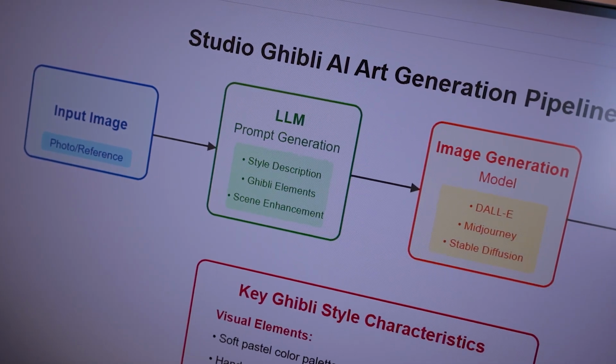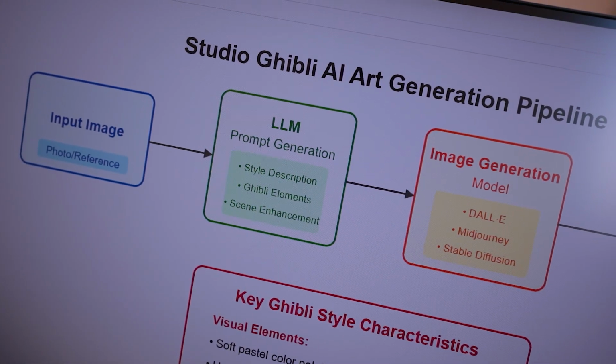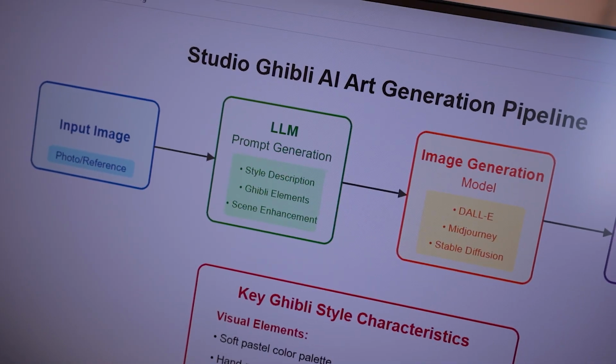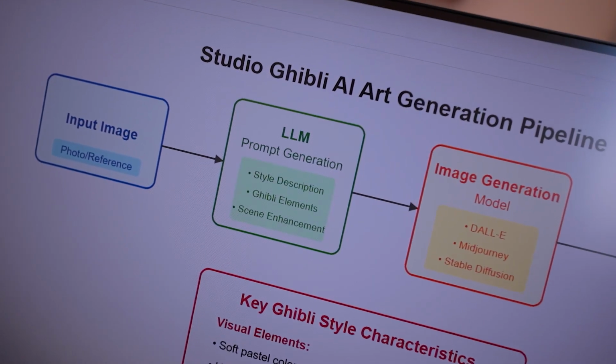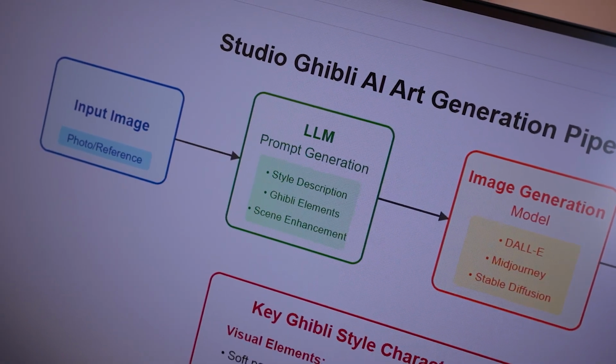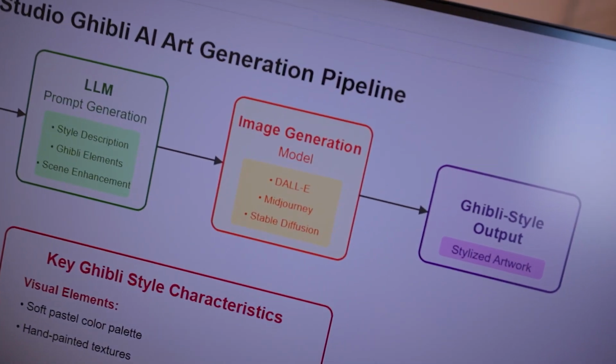It handles the style description, the Ghibli elements, the scene enhancements. Everything happening over here is done by the LLM or ChatGPT, and this is what they improved with this new update, the LLM section. Then it sends the prompt to an image generation model.